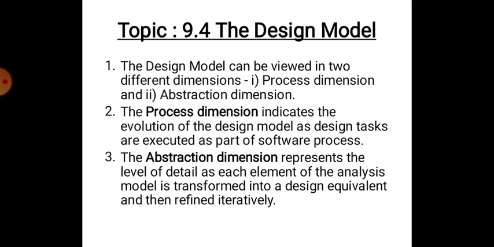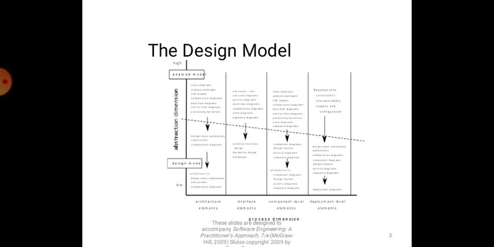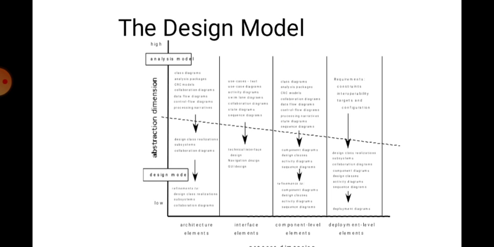iteratively. So you can see in this diagram, if you broaden it, you have the horizontal line, which represents the process dimension, and the vertical line, which represents the abstract dimension.